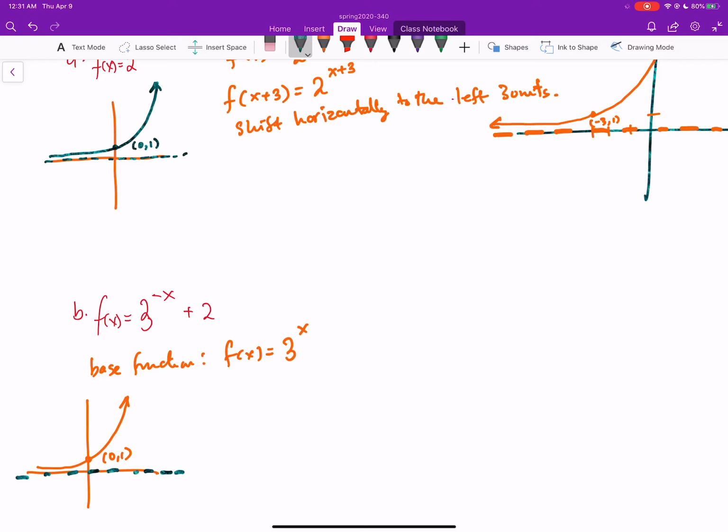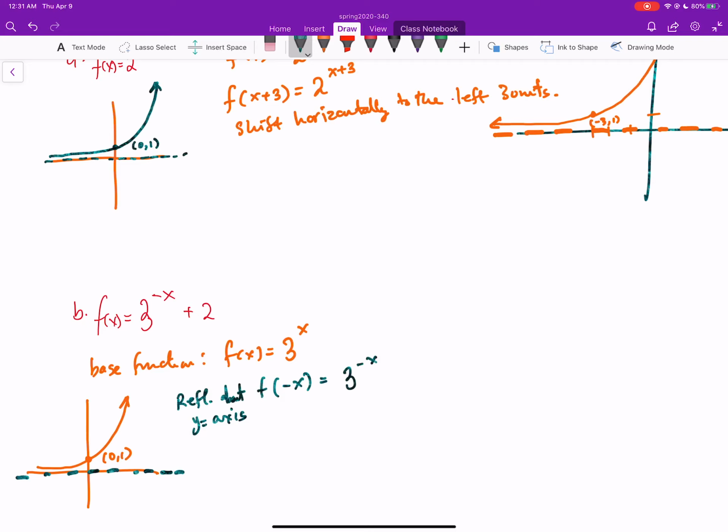So 3 raised to the negative x means that I must have done a negative x, which is a reflection about the what? About the y-axis. Okay, so this is going to be 3 to the negative x. And then what am I doing after that?